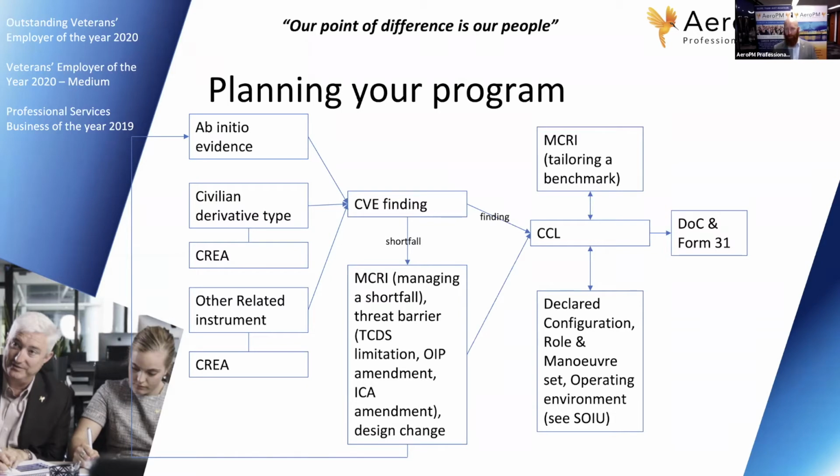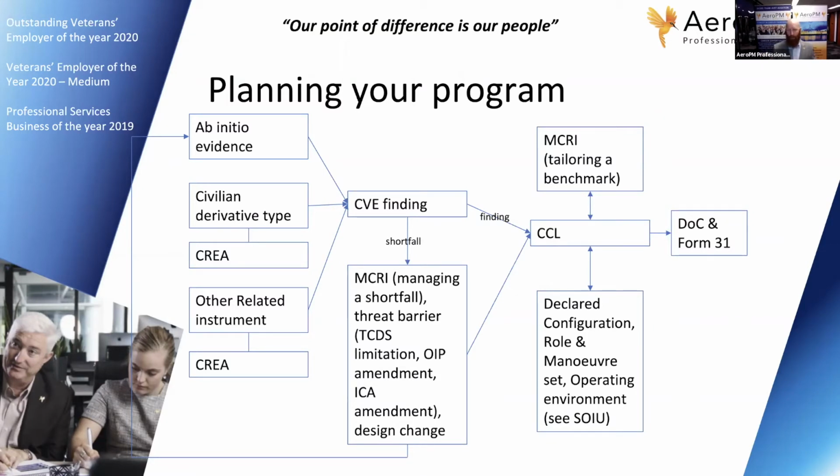Out of those findings, there will be elements that get recorded directly in the CCL. There will be shortfalls, which we then have to work out how we're going to deal with. And there's a number of ways that we can deal with that, where we could go back and generate some evidence to make up that shortfall. We could raise an MCRE to either change the benchmark or to accept a different way of demonstrating compliance.